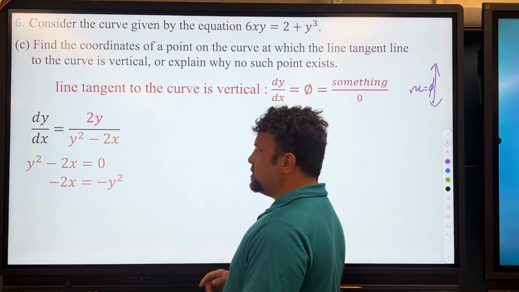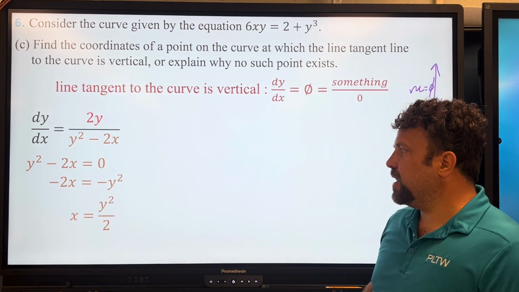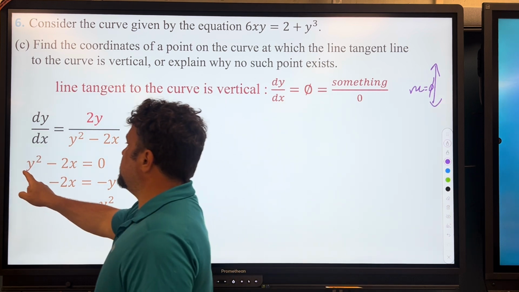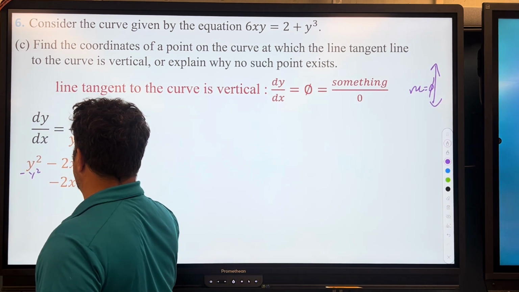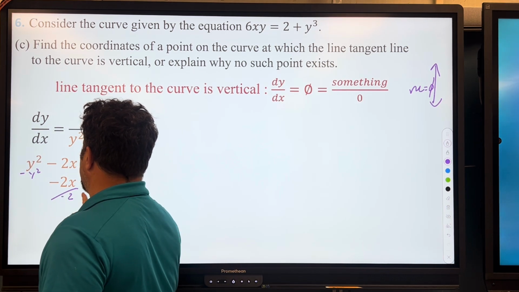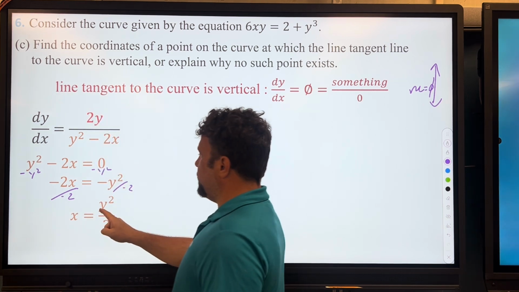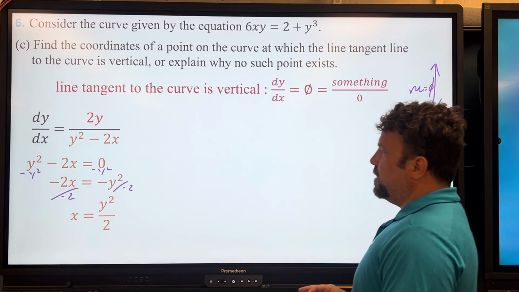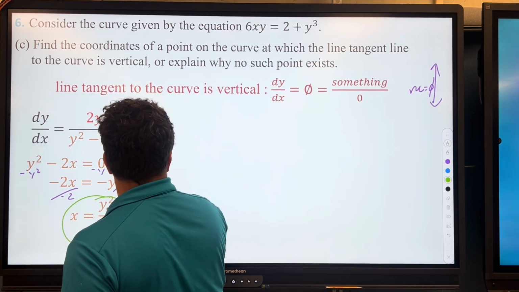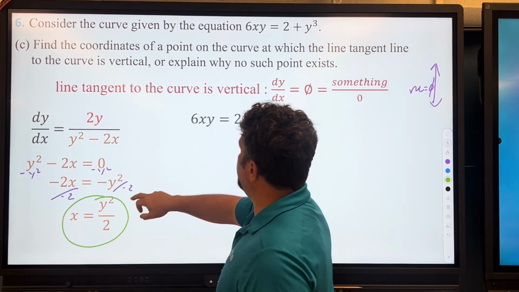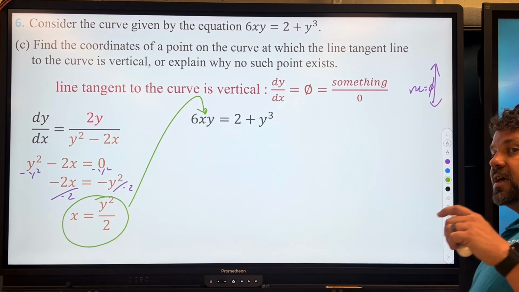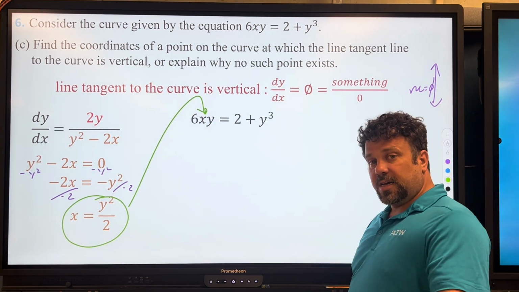We're going to subtract y squared from both sides, and then divide both sides by -2. Negative divided by negative gives x equals y squared over 2. So now I can take my original equation, and where I see the x, I can replace it with y squared over 2, giving me a single variable that I can solve for.